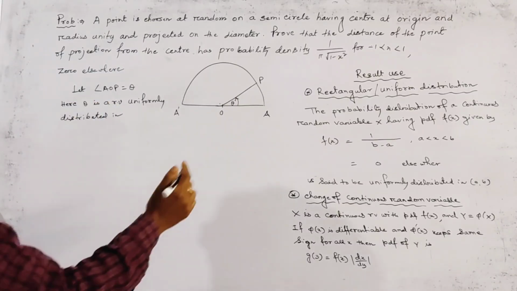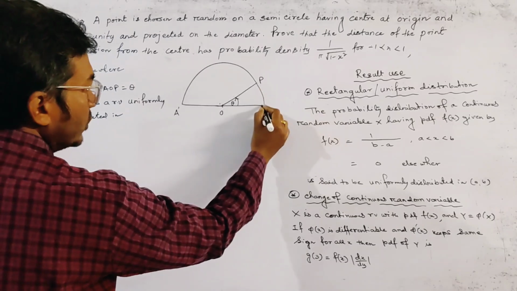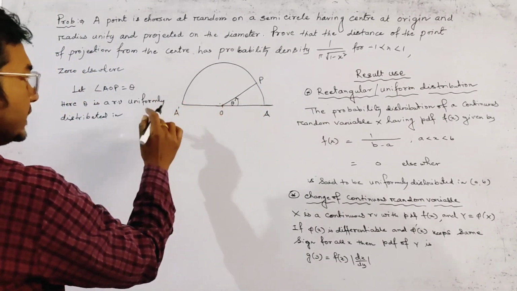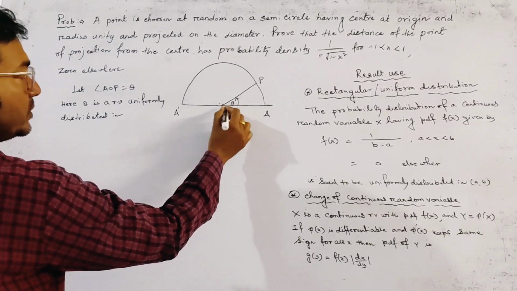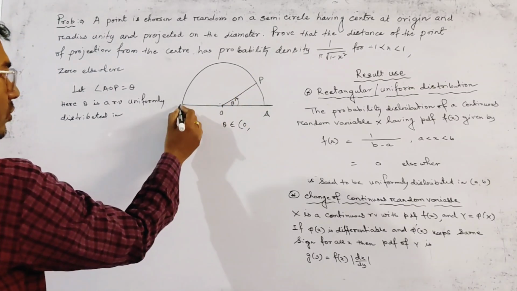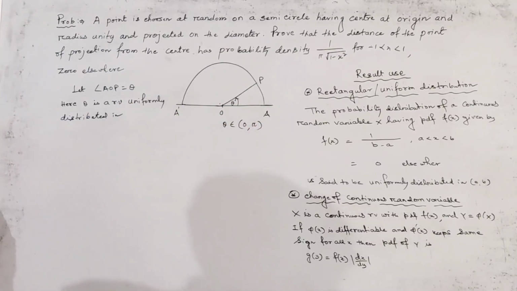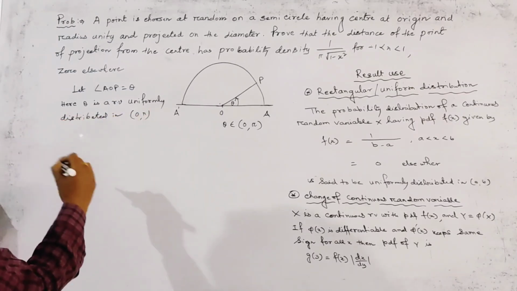Theta is 0 if P is on the line OA, and if we take P on the line OA dash, then this is pi. So it is uniformly distributed in the interval 0 to pi.